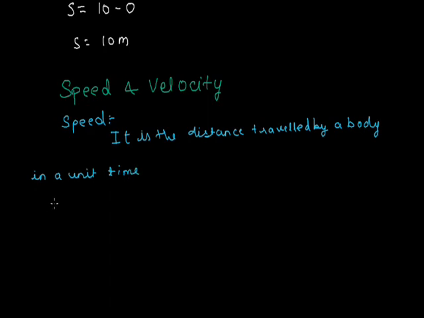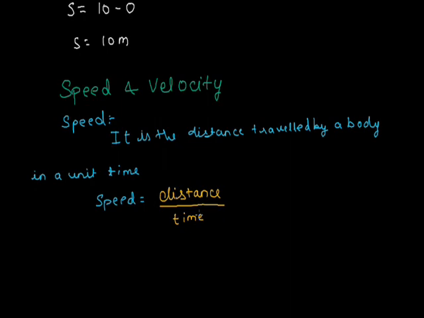The formula of speed is, now speed has no direction. It only tells us the magnitude of distance traveled in 1 second or per unit second. It has no direction. It does not tell us in which direction the body is going.